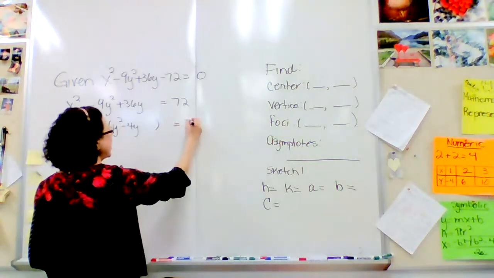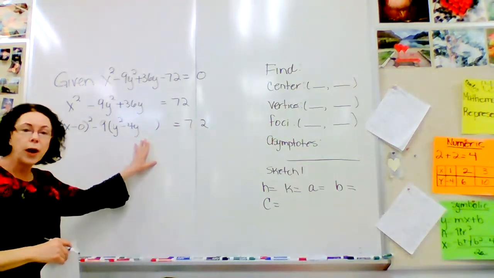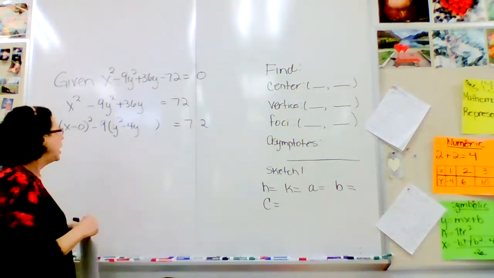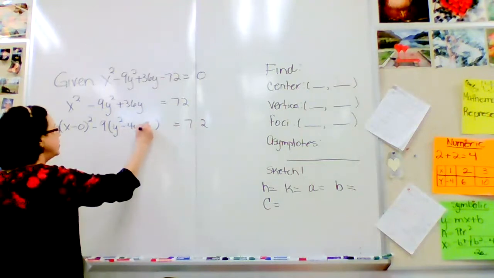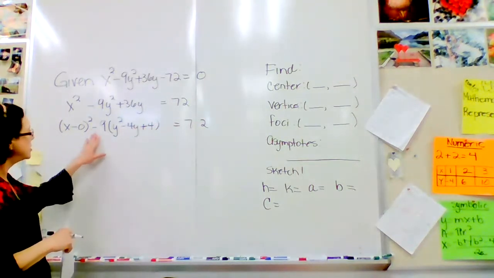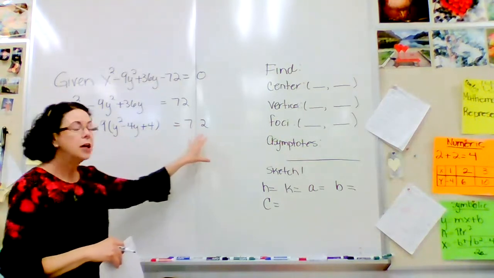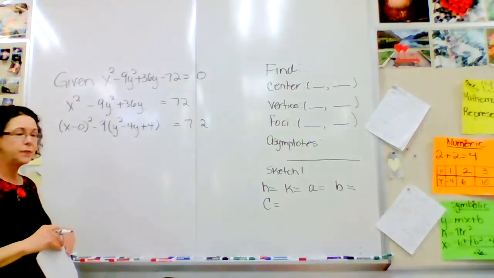The next thing I'm going to do is make a perfect square trinomial for the y's, so I can write it as a perfect square binomial. I'm going to take half of b, which is negative 2, and square it. That is a positive 4. But notice I also have to add this amount that I've added on the left to the right-hand side of the equation. Notice that is not a plus 4.